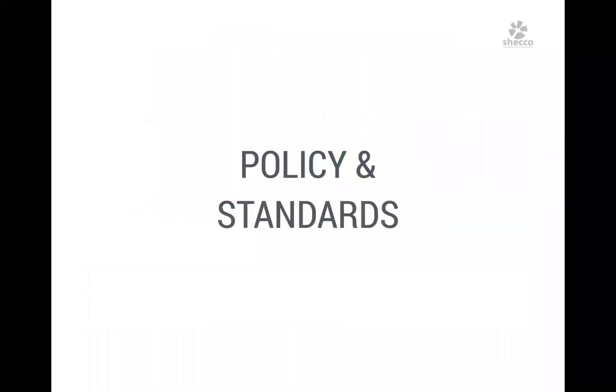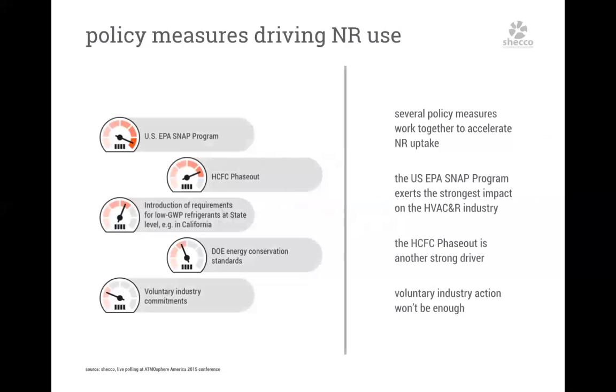Policy and standards. Well, this is a very important topic. It's always one of the major drivers for the uptake of new technology. And what you can see here on the left side of the graphic is the result of a spontaneous live polling we did at the last Atmosphere America 2015 conference.